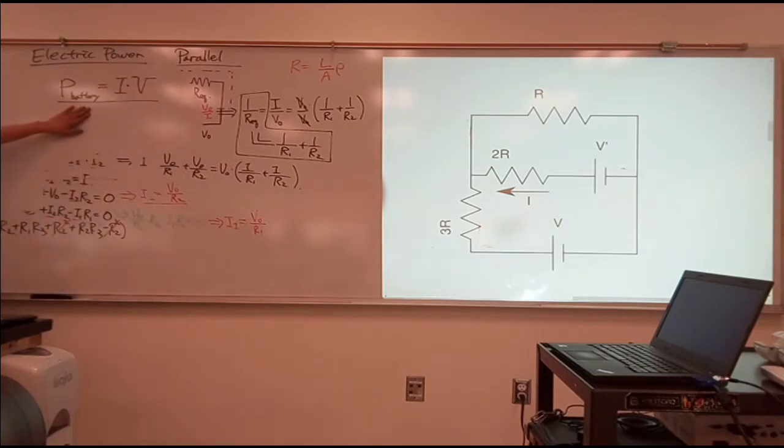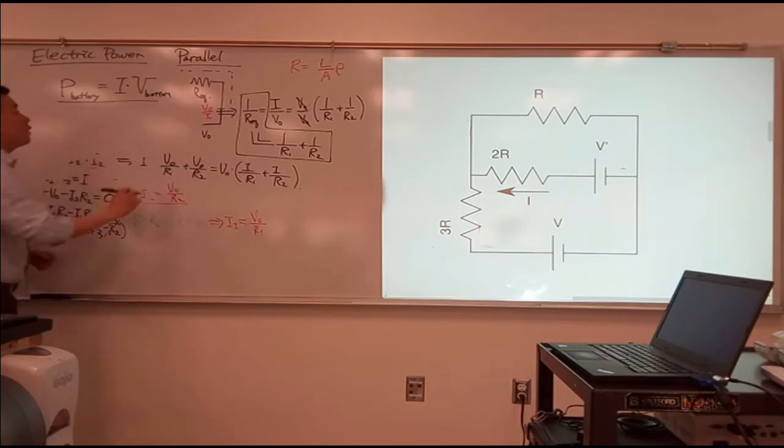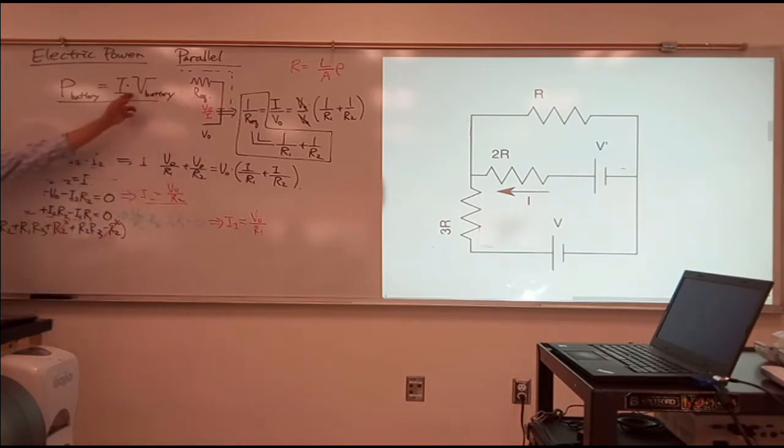Can someone make sense of why this formula should be true? Well, is that potential of a battery? Yeah, this would be the potential energy or voltage being provided by the battery. Why would you expect this to be the correct formula?